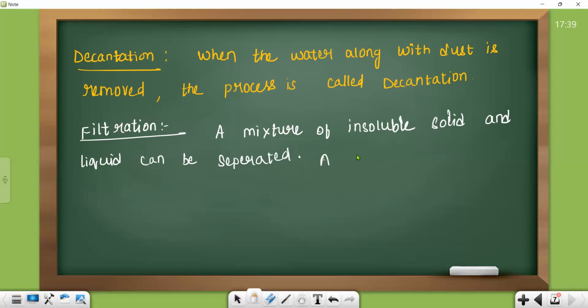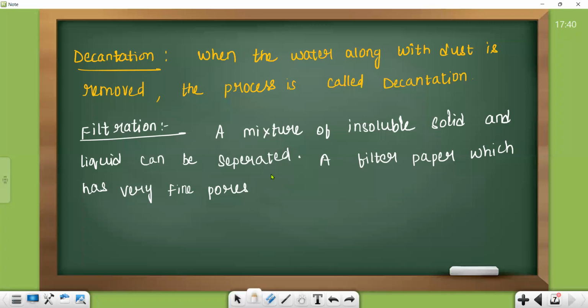A filter paper which has very fine pores is used to separate if water is muddy.